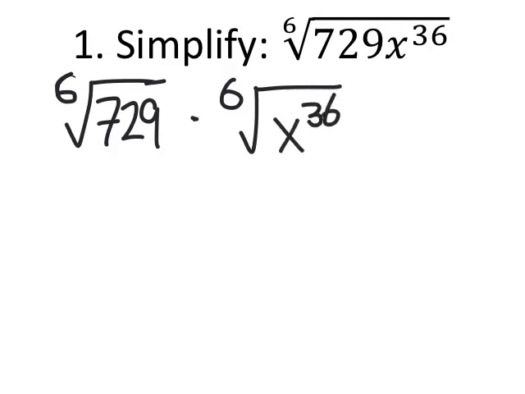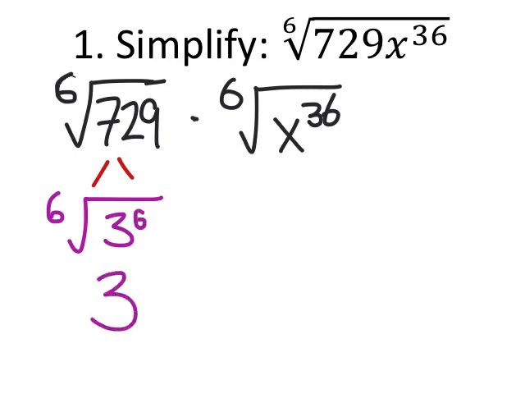This may be a little bit easier for you to see. In any case, the 6th root of 729, and you could make a factor tree with this, whatever you want to do. As it turns out, 729 actually is 3 to the power of 6, which means that the answer to that part is just 3.